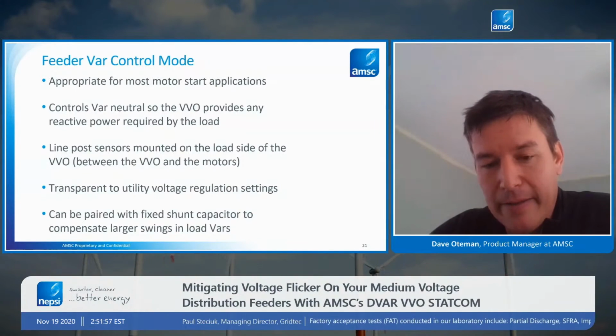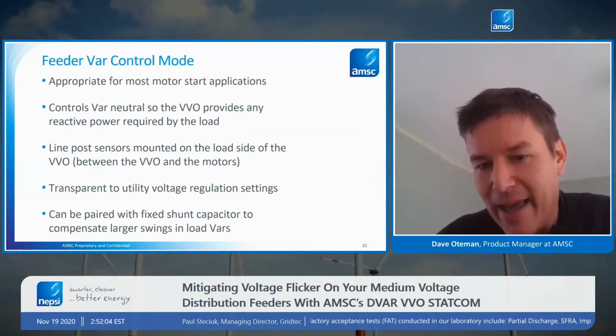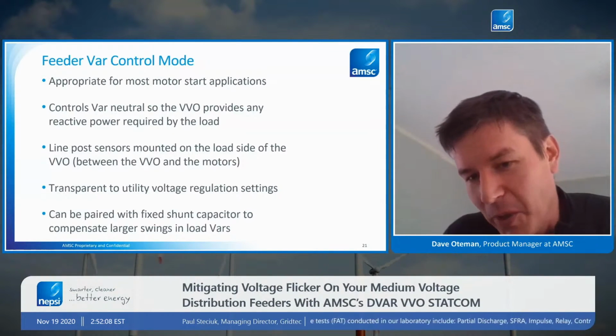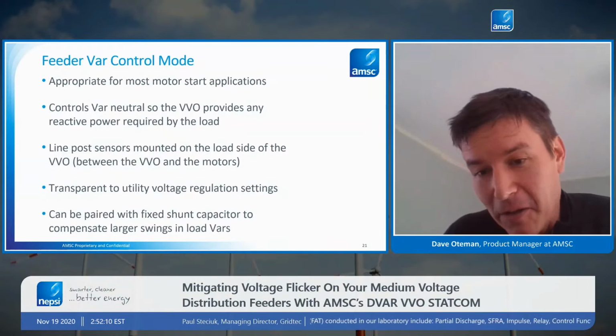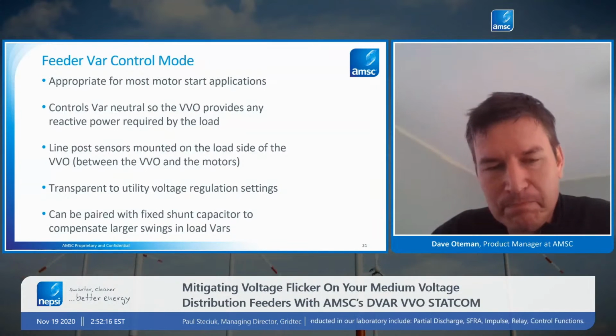And that same concept with the fixed capacitor in a hybrid configuration means that that capacitor has to be located between the STATCOM and the load. So that's a key point in implementing the hybrid solution.